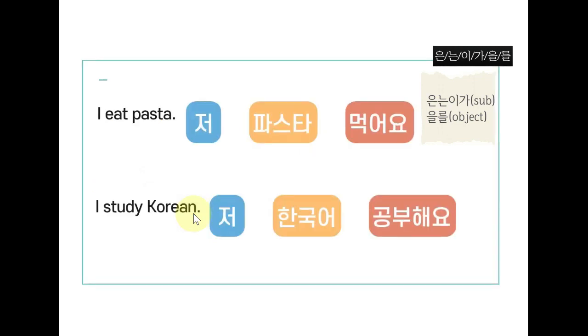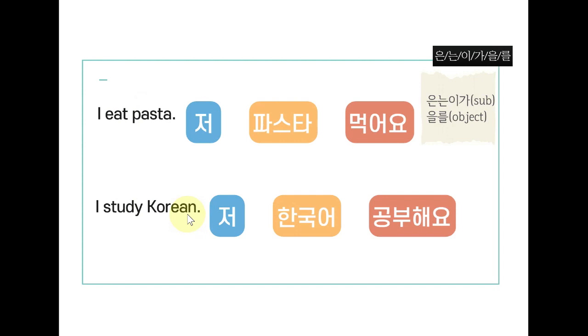How about this? I have two more sentences here. 저 파스타 먹어요. 저 한국어 공부해요. I want to say I eat pasta and I study Korean. I is the subject of a sentence and pasta, Korean, they are objects of a sentence.